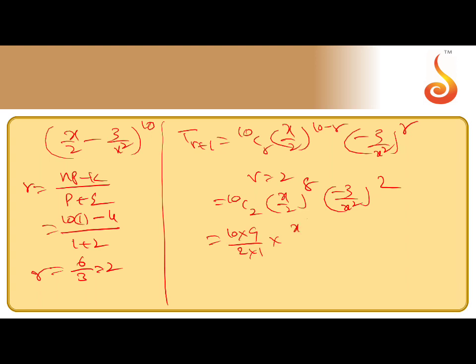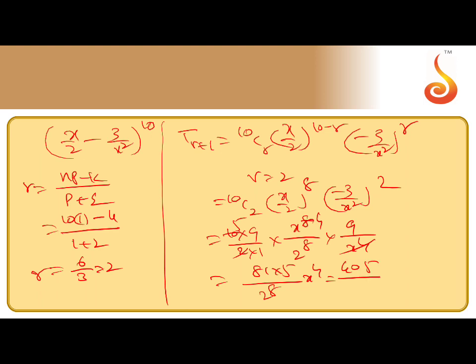This is x power 8 by 2 power 8 into 3 square, 9, by x power 4. This x power 4 cancels. Now we got 2 fives cancel. So 45, that is 81 into 5 by 2 power 8 into x power 4. So this gives 405 by 256 into x power 4.